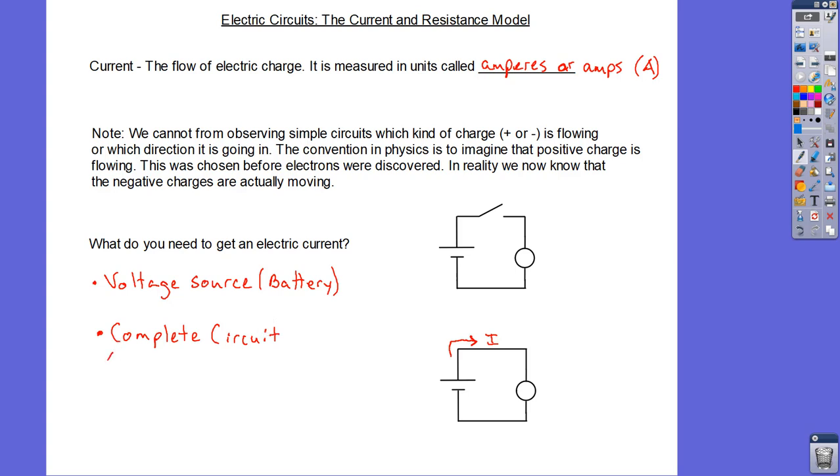In other words, a path from one end of the battery to the other.